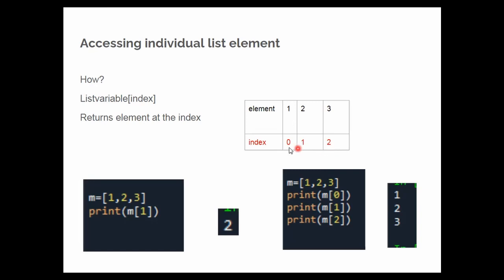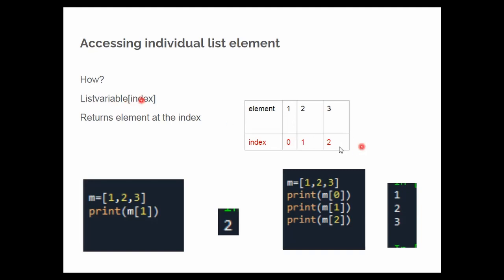If you want to display any element, how are we going to refer to it? These elements are referred to by their indices. We cannot access them directly by giving the value. The way of accessing the elements of the list is by using the list variable name, then writing square brackets, and within the square brackets writing the index.